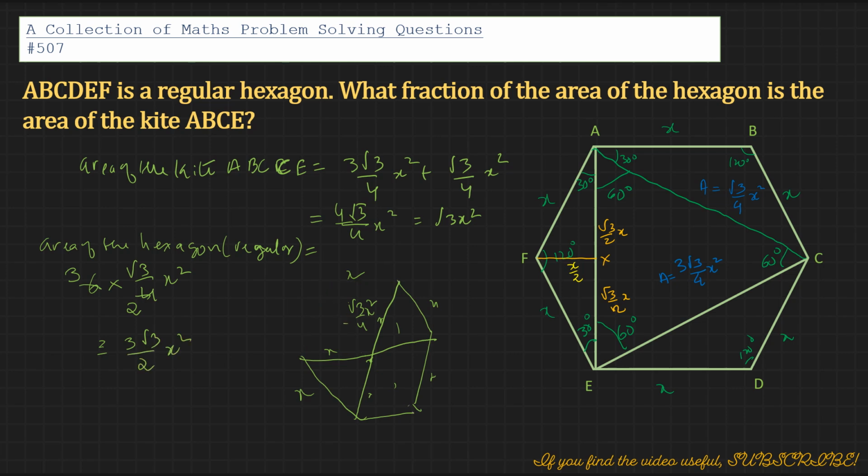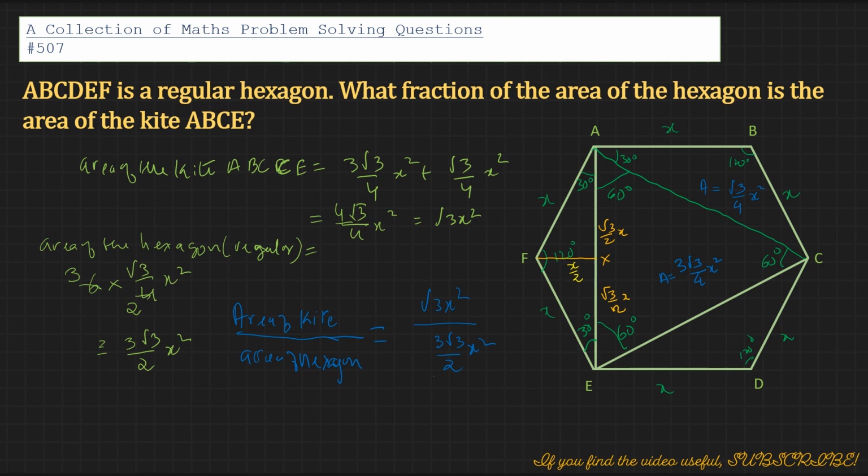So therefore, if you now find the fraction, area of kite divided by area of hexagon, I would get, the kite I got, √3 x squared divided by 3√3 out of 2 x squared.